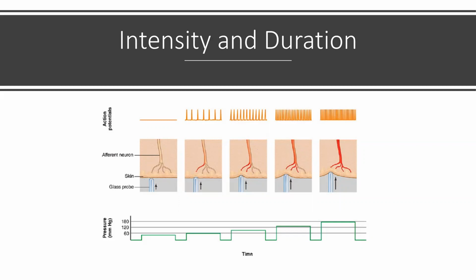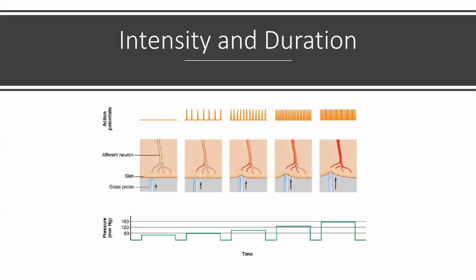On the other hand, your duration is related to the fact that if a stimulus of a constant strength is maintained on a sensory receptor, the frequency of the action potential will generally decline over time. This is what we call receptor adaptation. So if you continue to press that part of the skin in the body, first you feel the sensation.